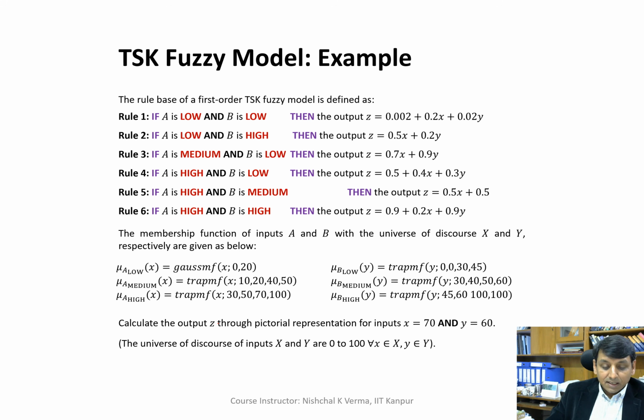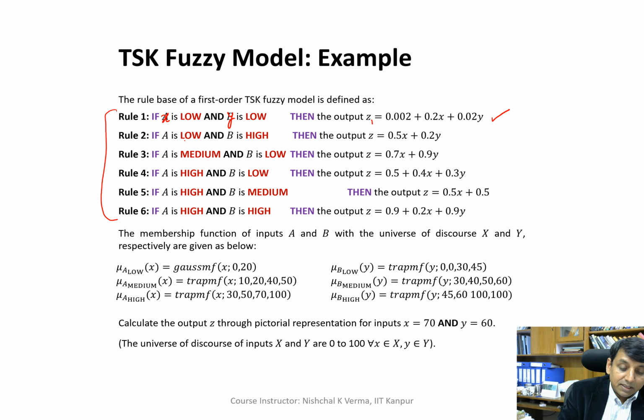So let us take another TSK fuzzy model which has 6 rules. Any fuzzy model characterized by 6 fuzzy rules. We have the first rule as x is low, y is low, then the output is, let's say, Z1.